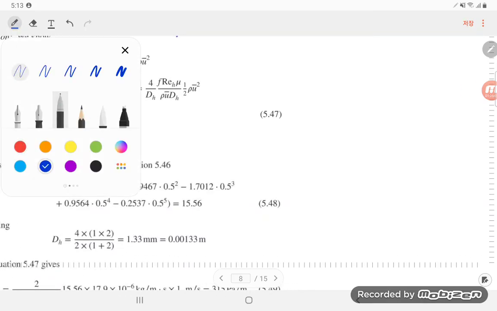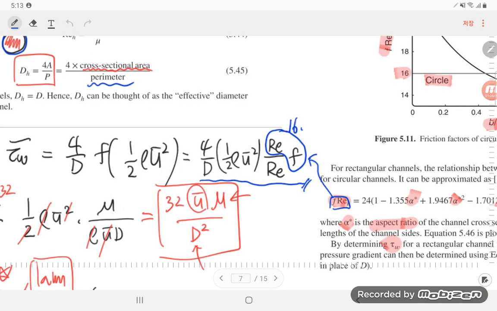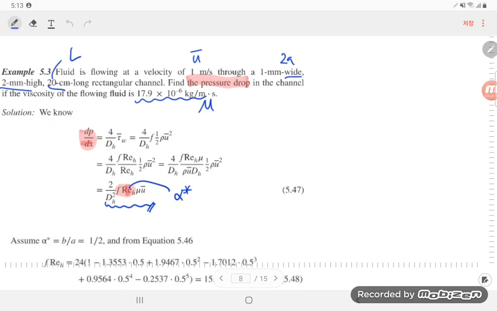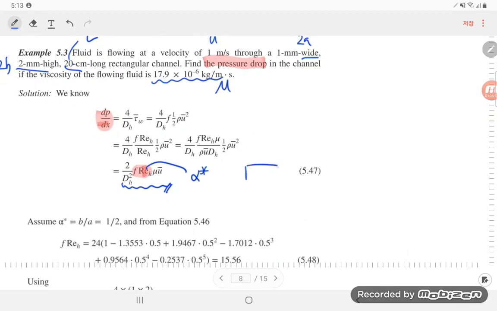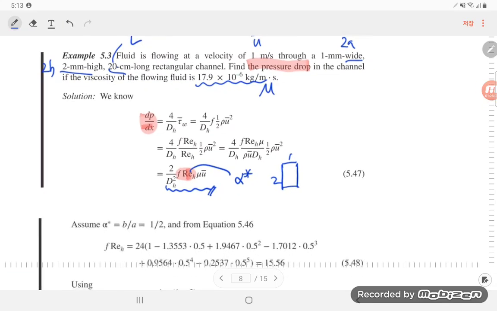To calculate this one, we should know the alpha star, right? Alpha star in here is the aspect ratio, and 1 millimeter wide. Okay, 1 millimeter wide and 2 millimeter height. Okay, the aspect ratio of this one is alpha equals b over a.